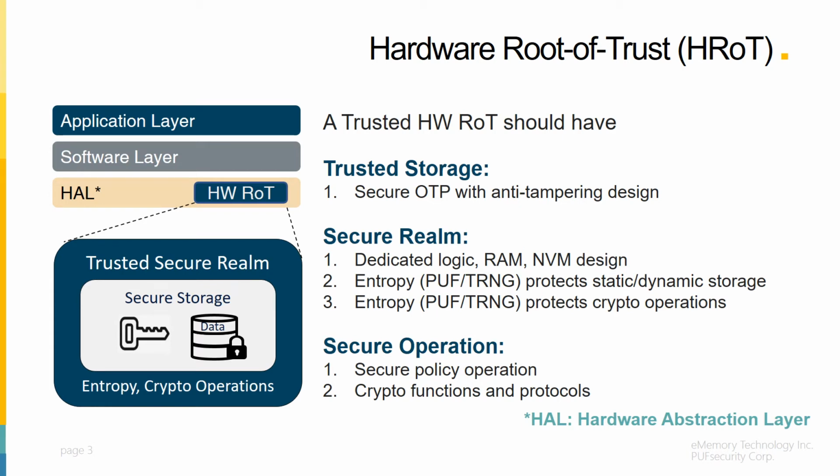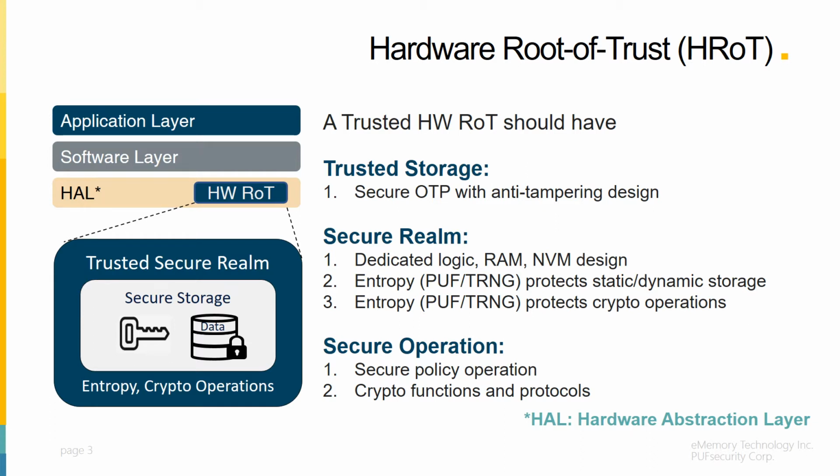Before the PUFiot introduction, I would like to recall and introduce the hardware root of trust again. The security systems can be divided into three levels. Application layer, usually related to applications or services. Second is the software layer.